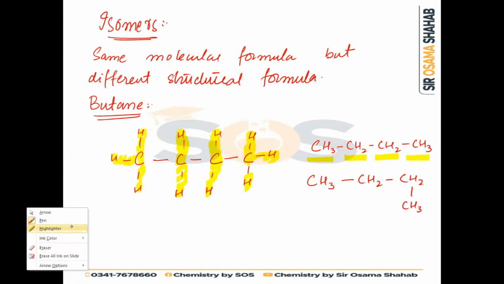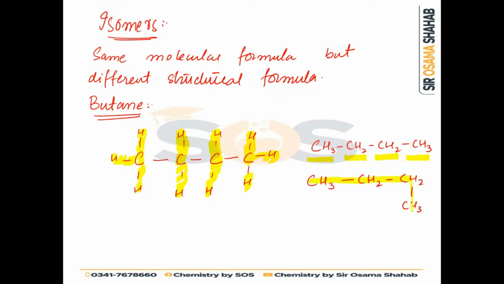You can put your finger on the first carbon, and without lifting your finger, you can go from one carbon to the last carbon. That means it is a linear chain. It is an unbranched structure.